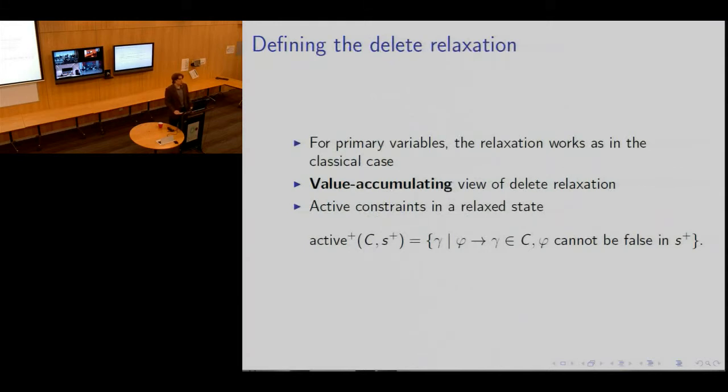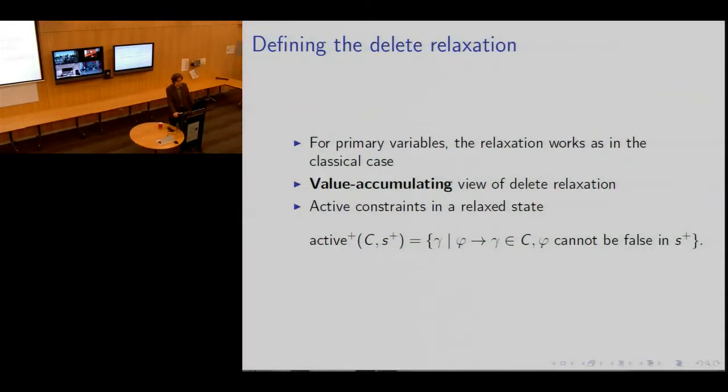Now I'll talk a bit about how we extended the delete relaxation. For primary variables, our relaxation works exactly the same as in the classical case. However, what we still need to do is figure out which of the constraints are active in our relaxed state. So we use a value accumulating view of delete relaxation.